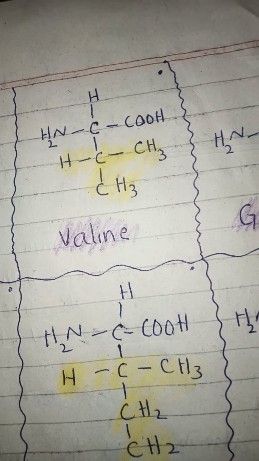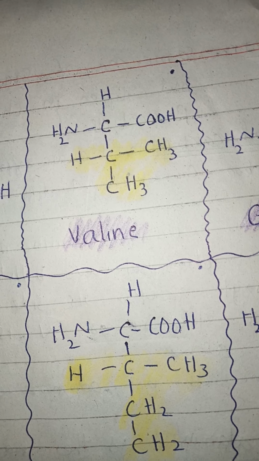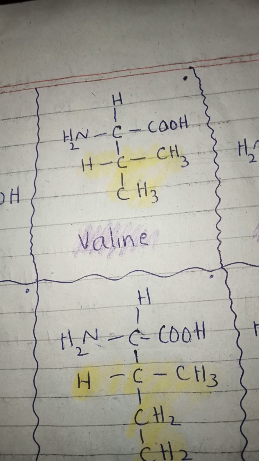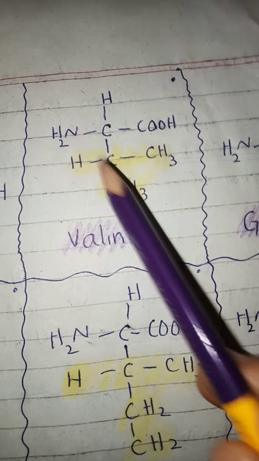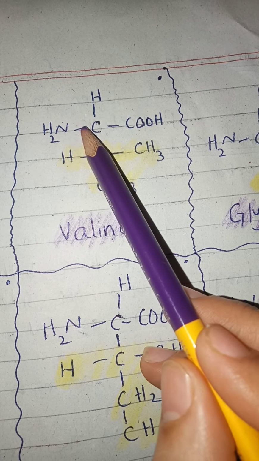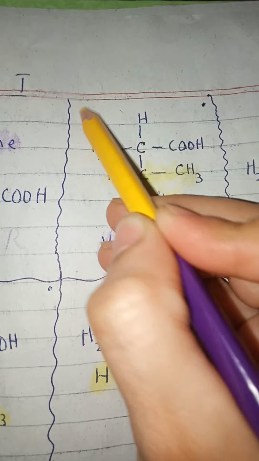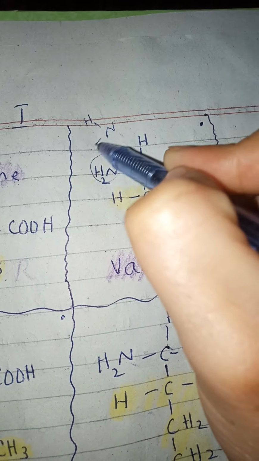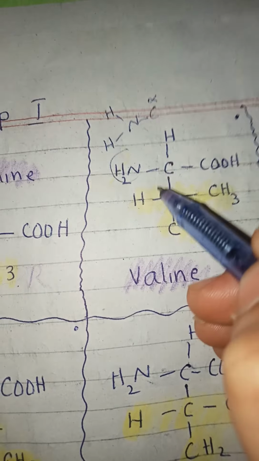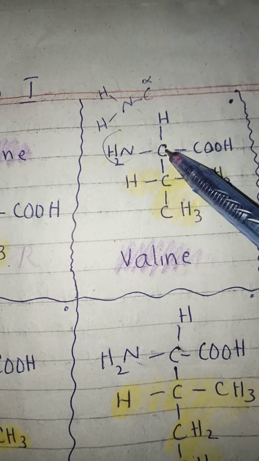You should remember all the atoms or groups of atoms to which the alpha carbon is attached, and then at the end just satisfy the valencies. Look, carbon is making 4 bonds and nitrogen is making 3 bonds, one with the carbon and 2 with hydrogen. You can write it this way: hydrogen, hydrogen, and 1 bond with the alpha carbon, this bond. Okay, this is valine.